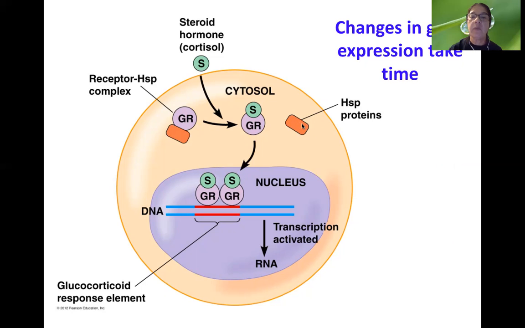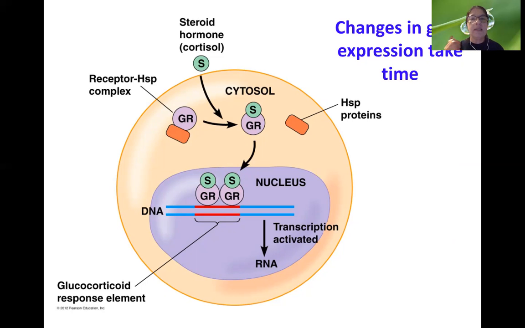That protein is removed, the barrier is removed, and the two of them, the glucocorticoid receptor and glucocorticoid, will enter the nucleus, will bind to promoter sequences of specific genes and turn those genes on. And that, my friends, is the response of the cell to cortisol.